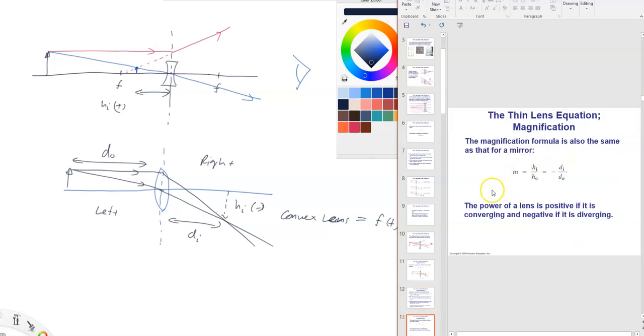So the magnification formula stays the same. Magnification is HI over HO, which equals negative DI over DO. Power of the lens is positive if it is converging. Convex lens, positive power. Concave lens, negative power.